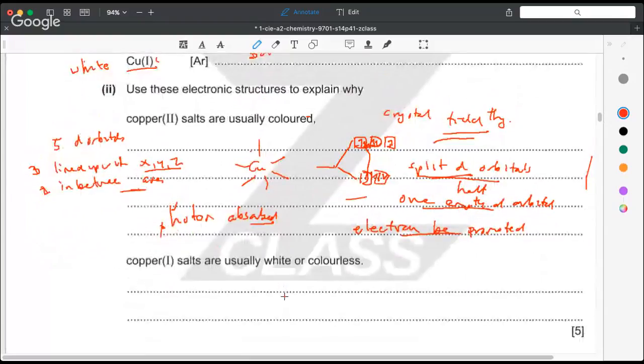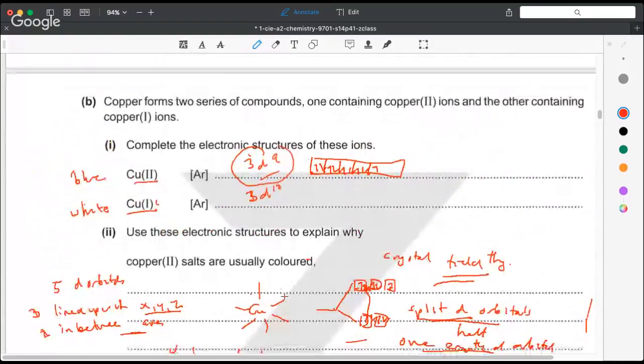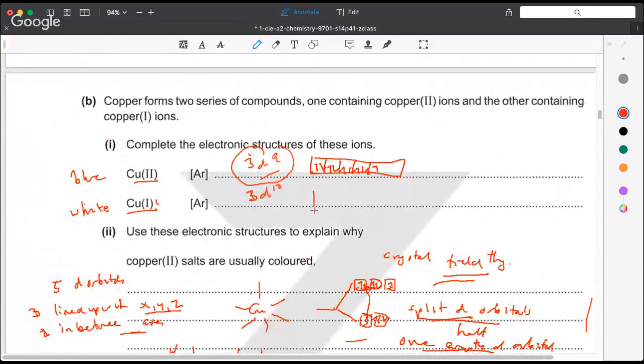Well, for copper 1 salts, same kind of things going on, but of course with copper 1, it's got 5 d orbitals, but they're all full, aren't they?